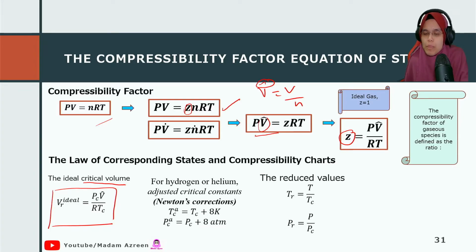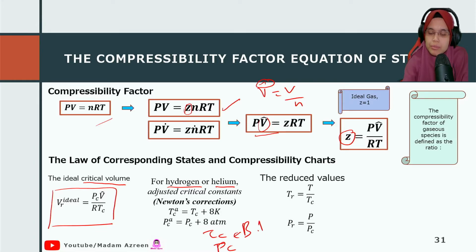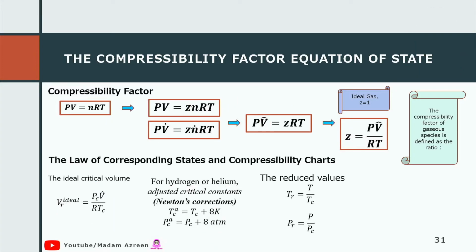And then for hydrogen and helium, when you get the value of critical temperature and critical pressure from table B1, you have to do a correction, it's called Newton correction. You need to add 8 Kelvin to the critical temperature, and you have to add 8 atm to the critical pressure, and it is only for hydrogen and helium.